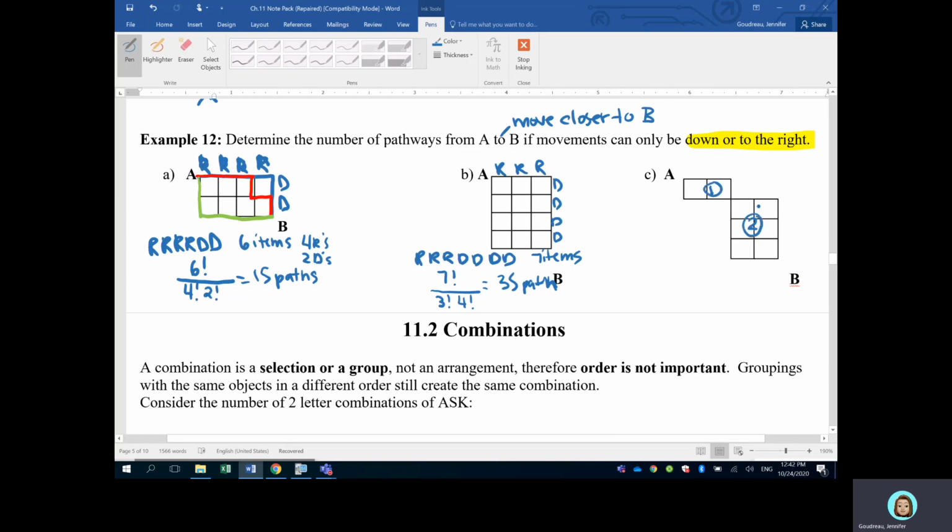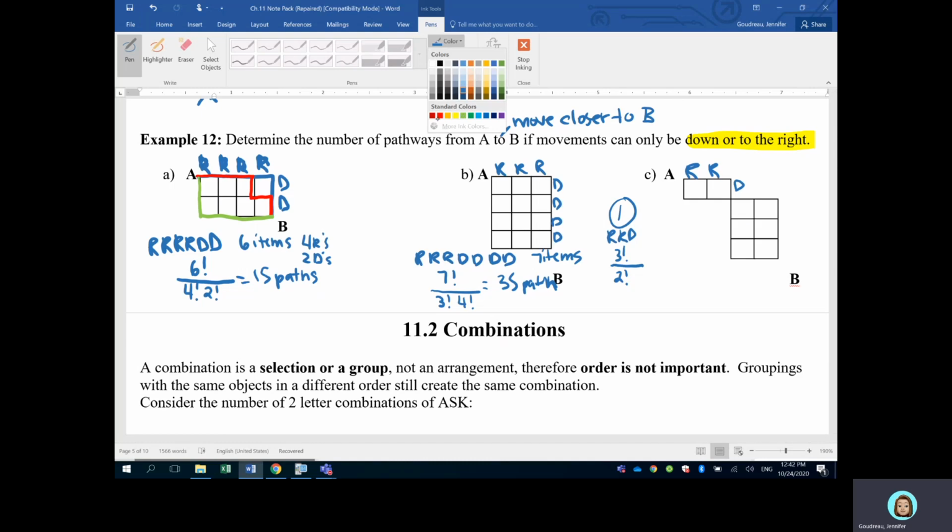In grid number 1, we have to go 2 to the right and we have to go 1 unit down. So for that one, that's R, R, D that we are arranging. That's 3 items that we are arranging 3 factorial ways, but because we have identical R's, divided by 2 factorial. In the second grid, a little bit different.